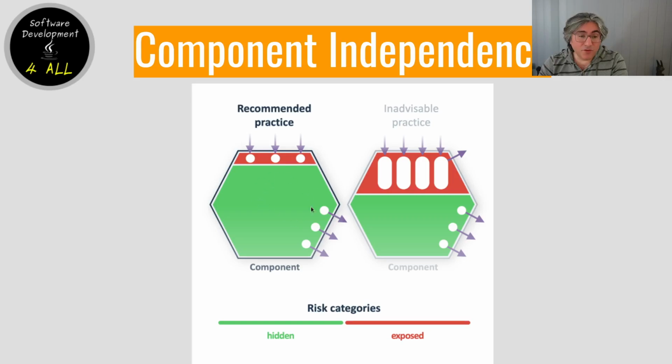But if your component is dependent on other components and the number of incoming components is high, then that's a less desirable situation, because your dependency on these incoming dependencies is great. So what you're doing is a little, and what's incoming is much more. So your exposed dependencies are higher. That's a less desirable trait.